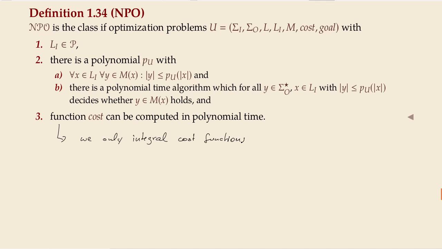So in principle, you could be a bit more flexible and allow maybe rational numbers or something. But then, again, you could, for all the instances, just multiply through with the common denominator, and usually the numbers shouldn't explode too much. Or you work with some fixed precision representation of reals if you insist on these.